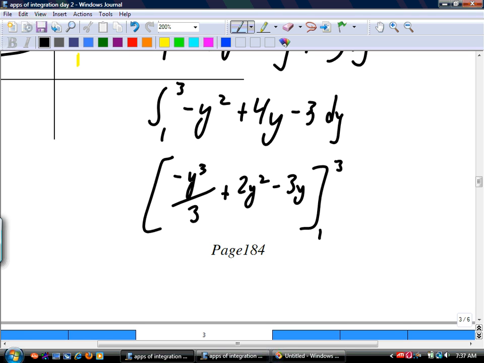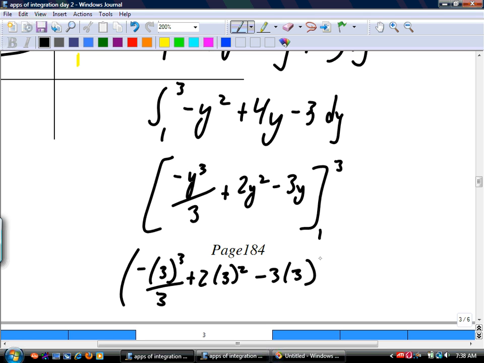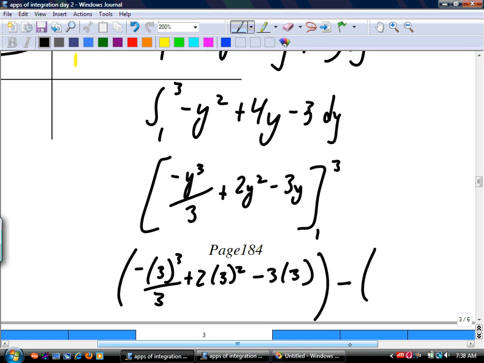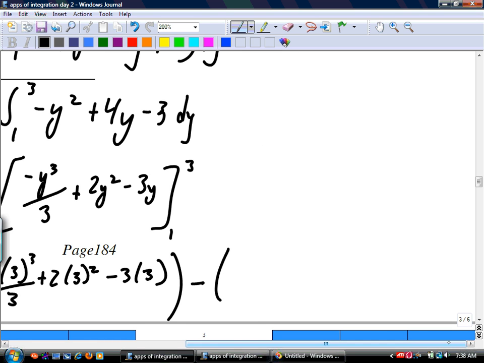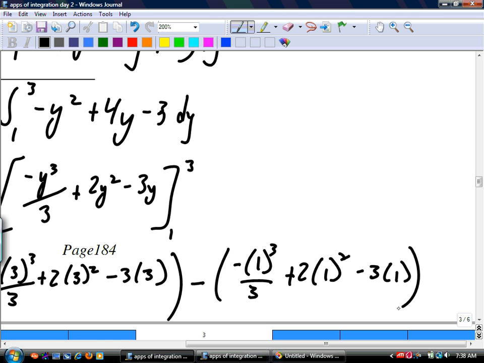So you substitute negative 3 cubed over 3 plus 2 times 3 squared minus 3 times 3, minus negative 1 cubed over 3 plus 2 times 1 squared minus 3 times 1. And then you reach for your calculator and you get an answer.